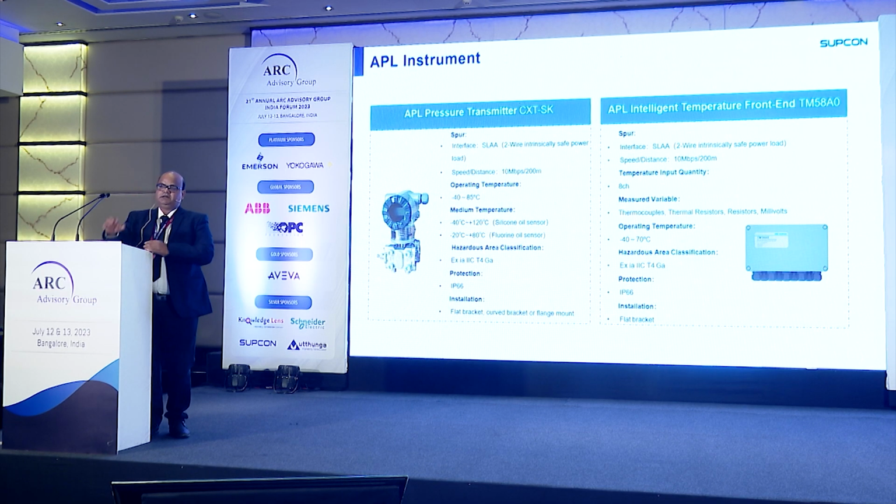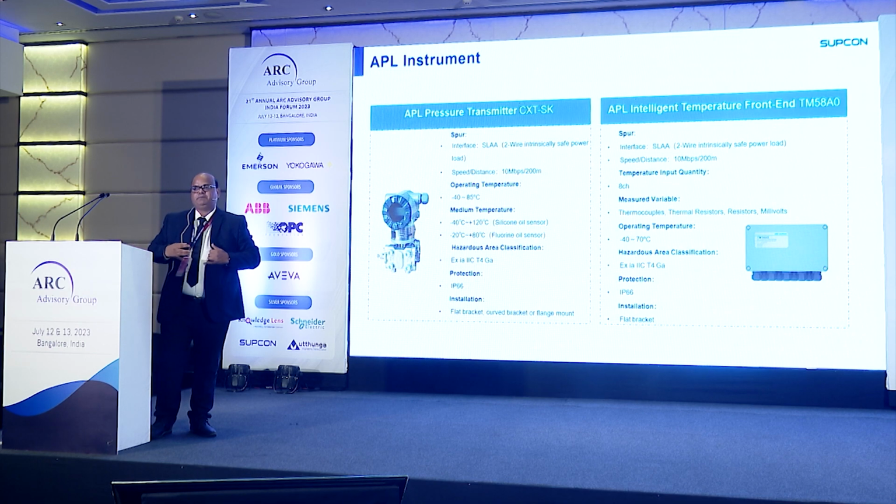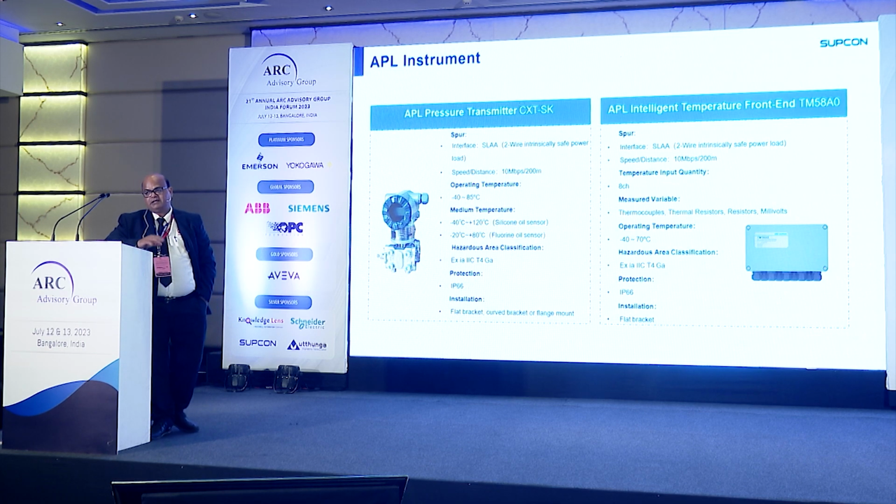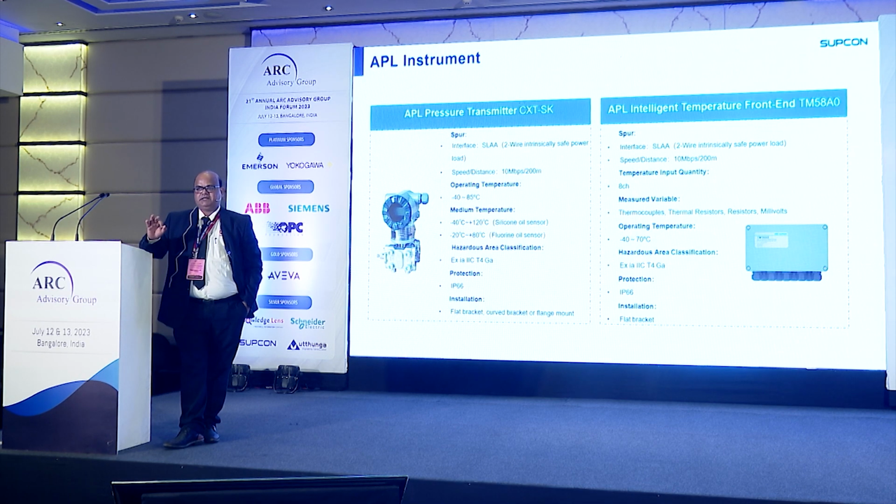Now we have the APL instruments, that is the APL pressure transmitter and the APL intelligent temperature front end. This APL intelligent temperature front end has saved us a lot of cable. Generally in a waste to energy plant, the question is how many temperature measurements there are.